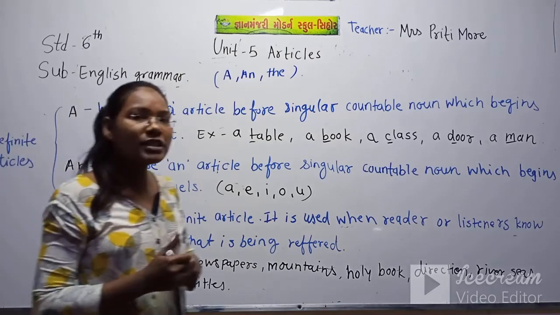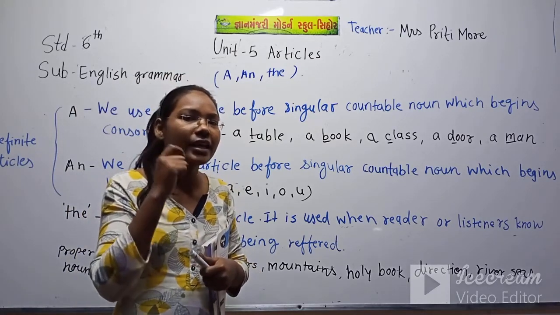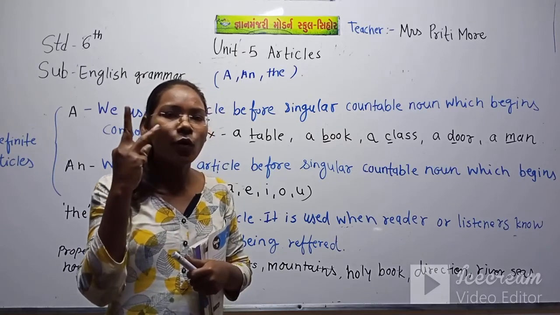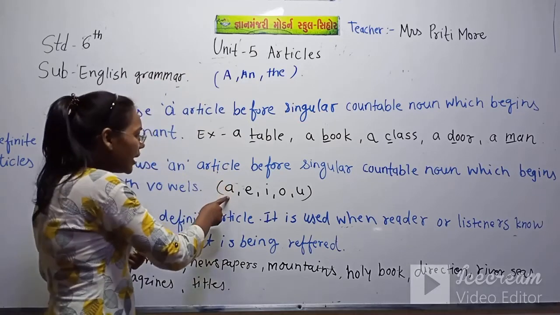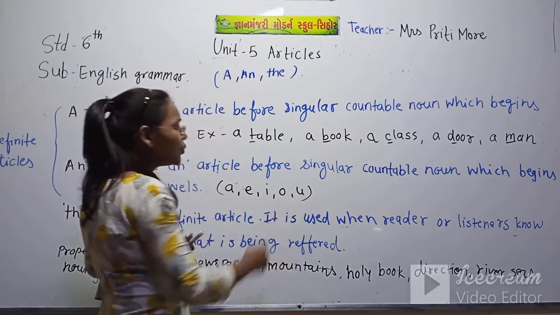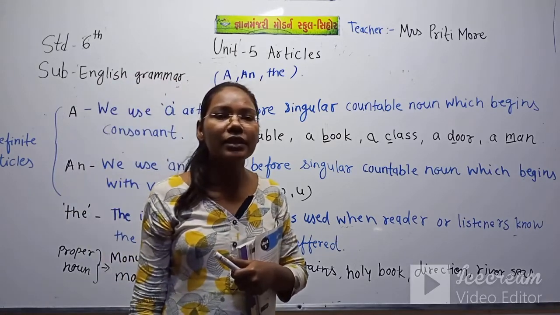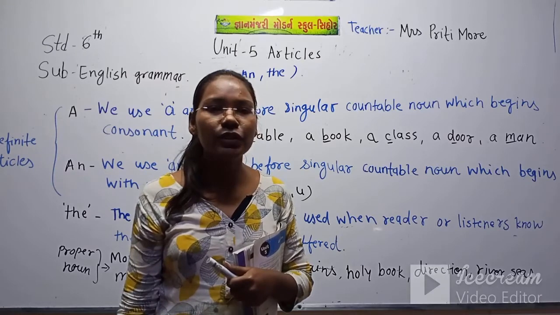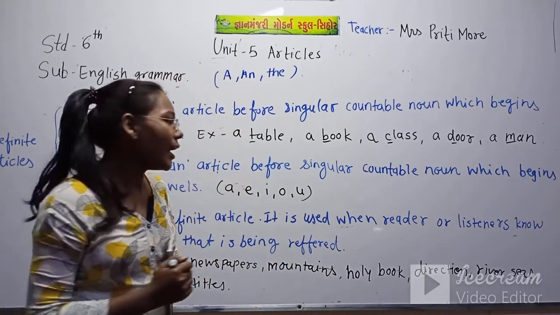And how many vowels are there? There are 5 main vowels: A, E, I, O, U. When the word begins with these vowels, that time we use an article.